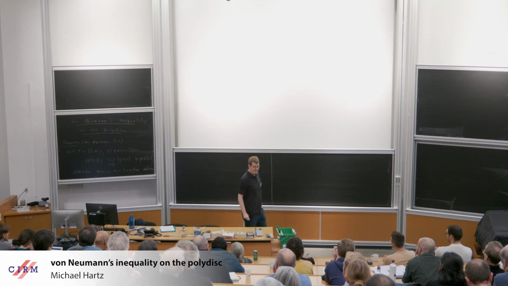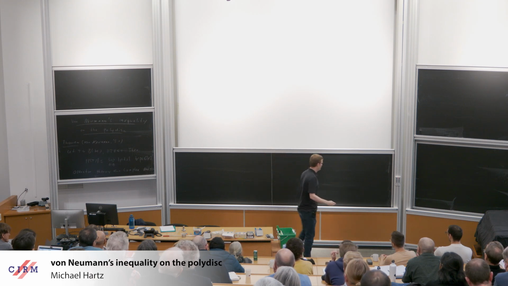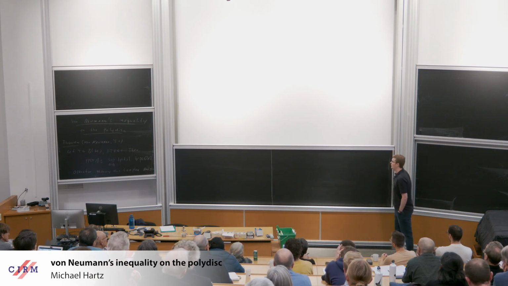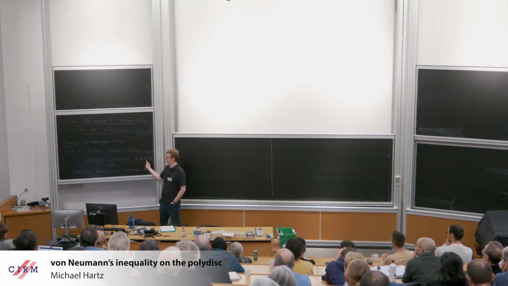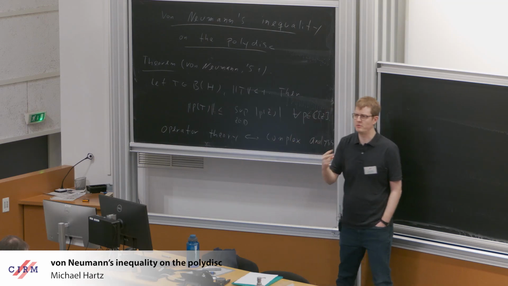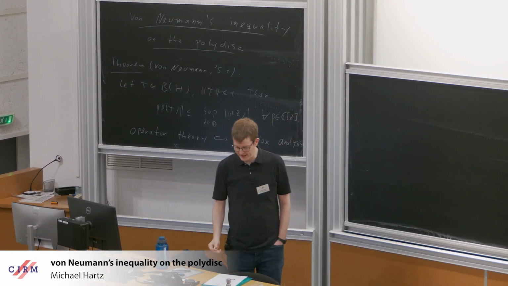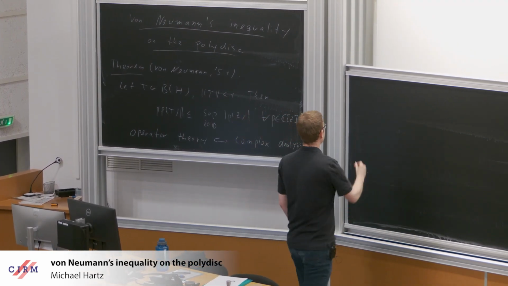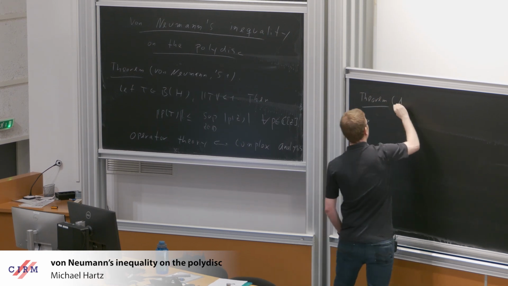And this was generalized to two variables by Ando a little later, where he looked at pairs of contractions, but because you want to plug them into ordinary polynomials, you want to assume that they commute. And he looked at the sup norm on the bidisk. And then, at least for the purpose of this inequality, everything works out in the best possible way.